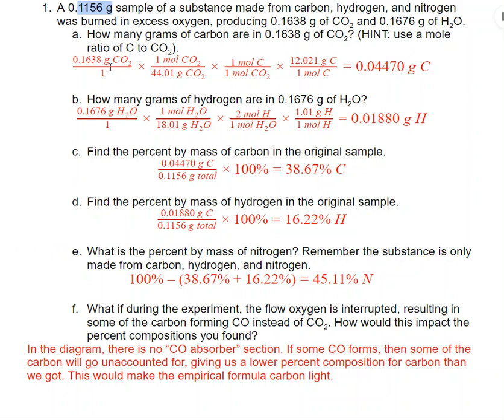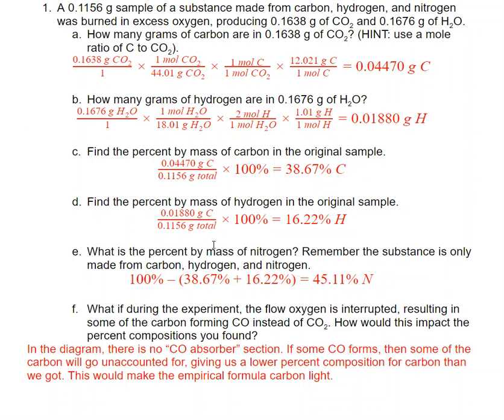So first I'm going to change carbon dioxide from grams to moles using molar mass. Then I know that in every 1 mole of carbon dioxide, there's 1 mole of carbon. Then I'm going to use the molar mass of carbon, and that gives me my answer here. So I'm going to do the same thing with hydrogen, except this time I'm using H2O in order to get to hydrogen.